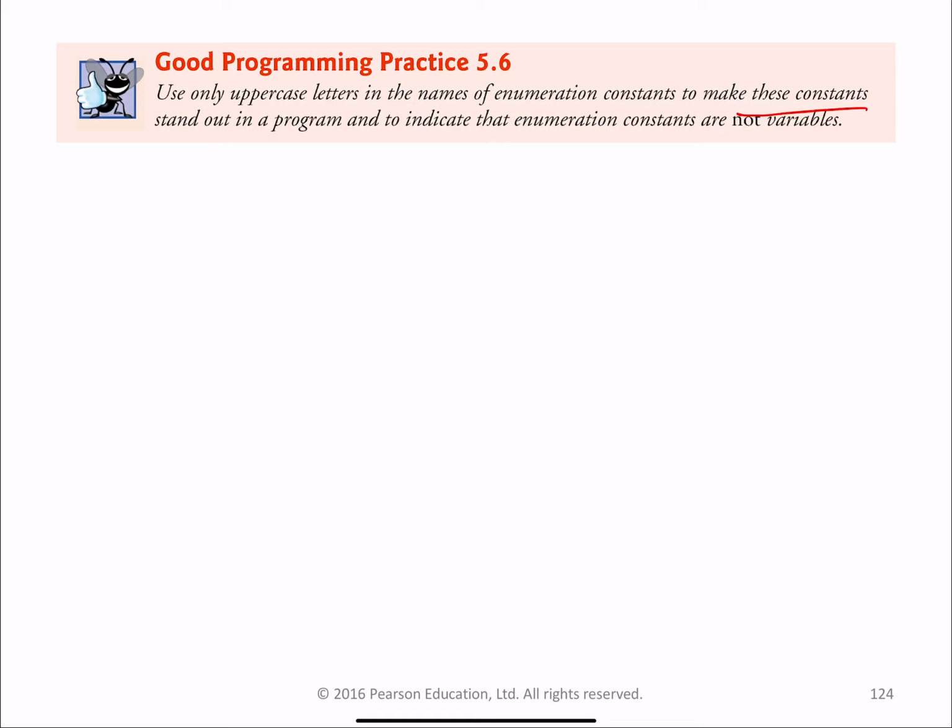So it's recommended, actually not just for enumeration but for all kinds of constants, that we assign labels with all uppercase letters to constants because it makes them stand out and allows us to immediately see that we're not dealing with a variable that can change value during the run of the program, but something that will stay constant.